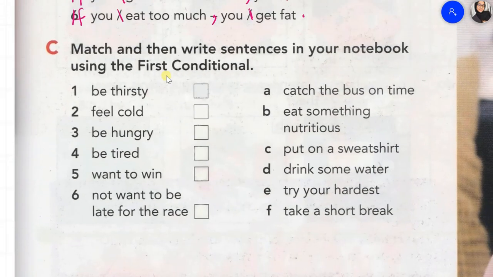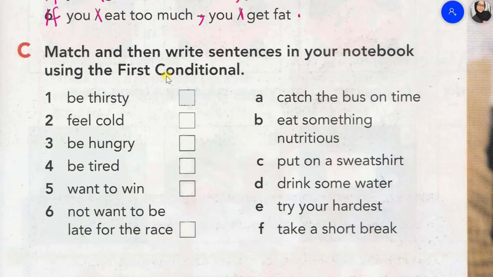Now let's look at the next task. Let's read the instruction. Match and then write sentences in your notebook using the first conditional. This one we need to write these sentences using the first conditional rule. But first we have to match first, okay?